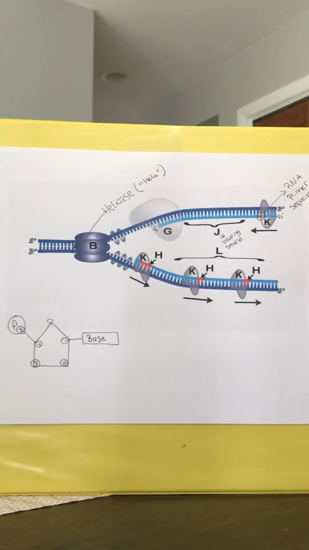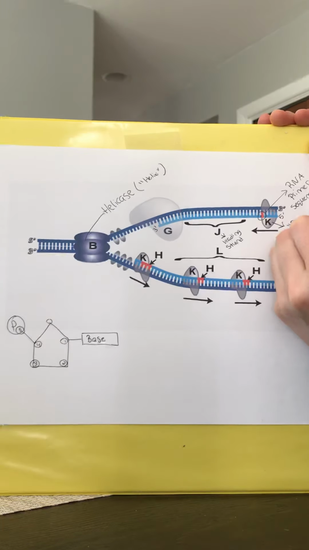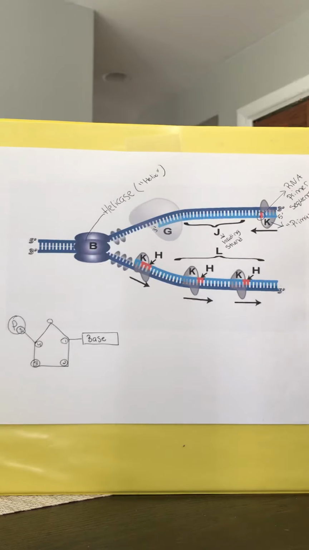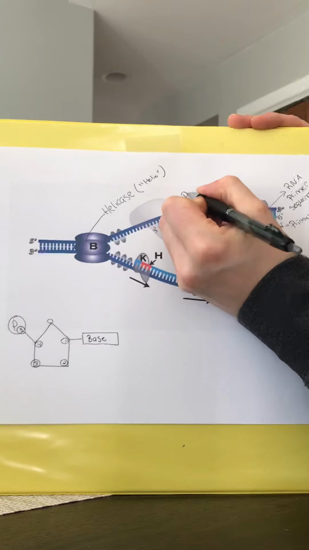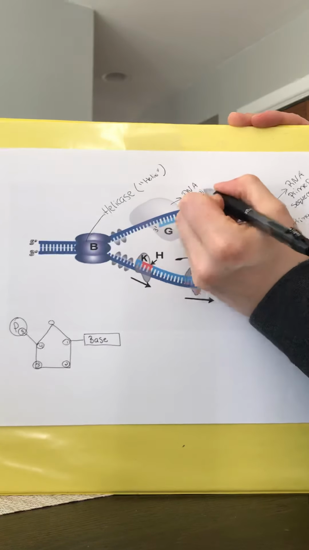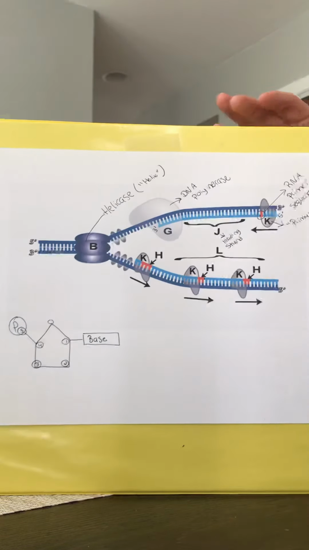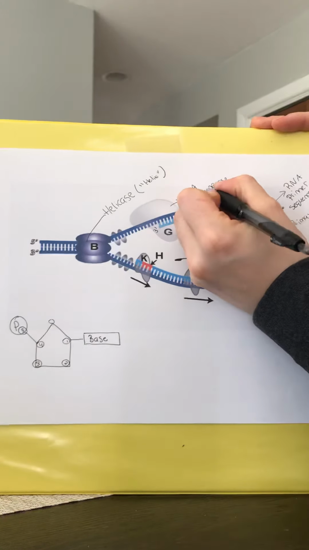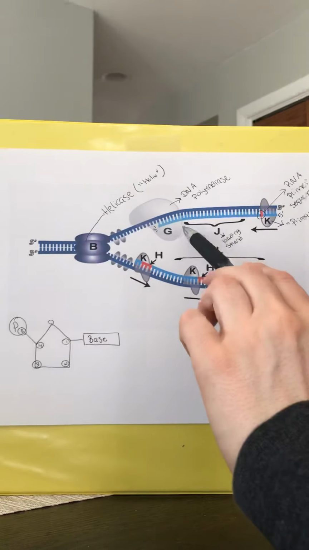So K is actually the enzyme responsible for this, and it's called primase. The enzyme primase lays down an RNA primer sequence which tells G, which is DNA polymerase, where to begin synthesizing that leading strand.